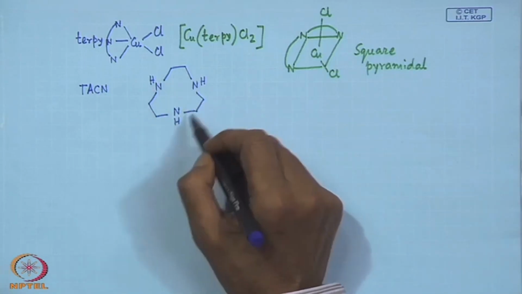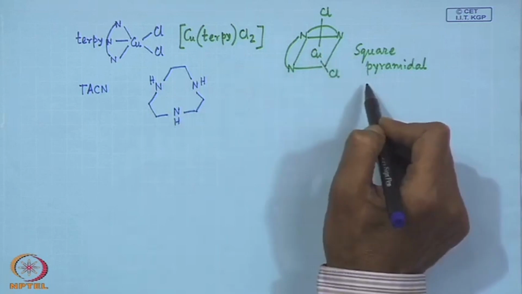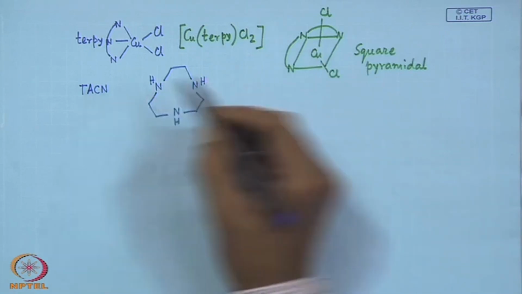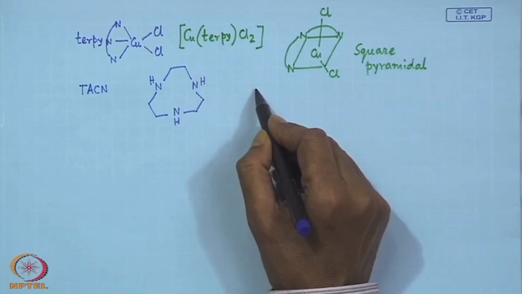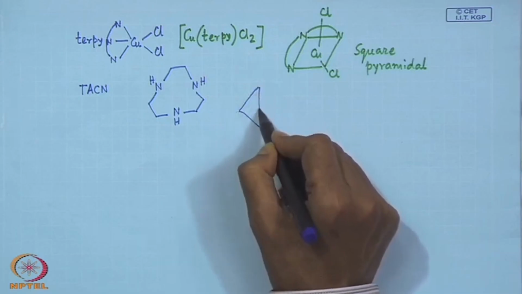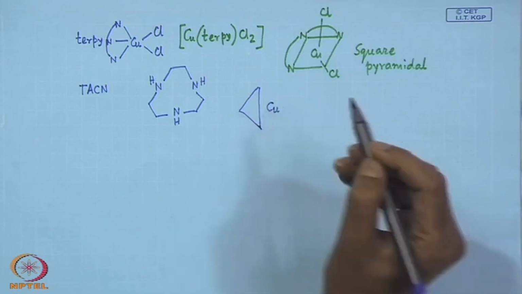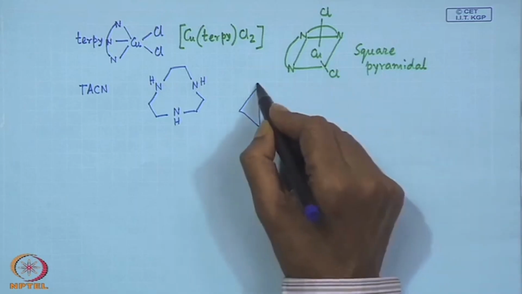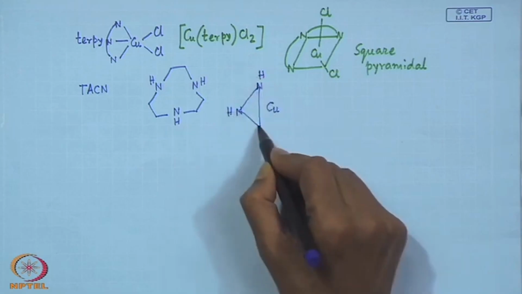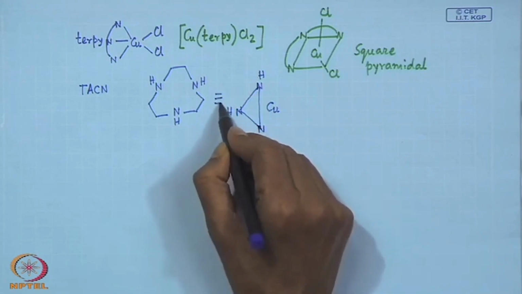So, this particular type of ligand cannot go for binding for this square pyramidal geometry. Instead, it can go for one particular face. So, if we have a triangular face of one side of the copper, so if this is copper, this is one NH, this is second NH, and this is third NH of the TACN.